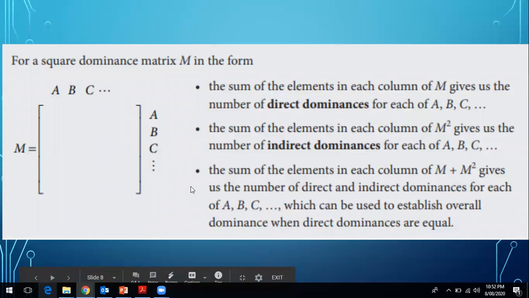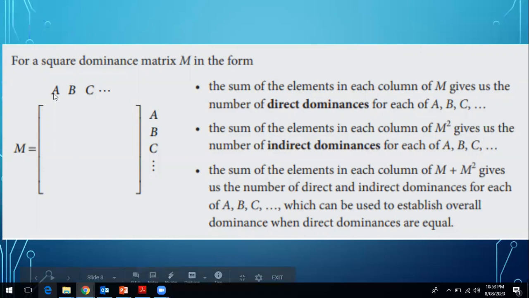Okay, so how do we represent that? If it's A, B, C, D, we use square brackets for the matrix, with A, B, C, D on one side and A, B, C, D on the other side, and it needs to be a square dominance matrix. The sum of the elements in each column of M gives us the number of direct dominances for each of A, B, and C. That is an important thing to note, so make a note of this slide.